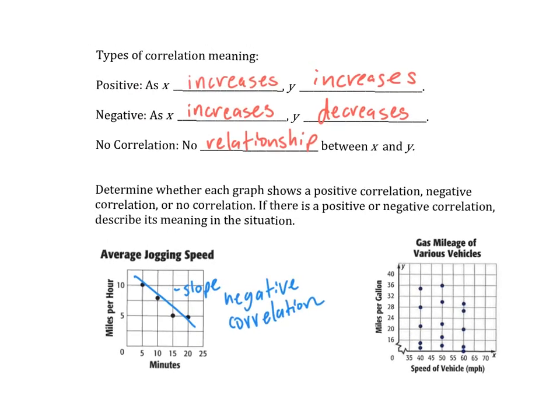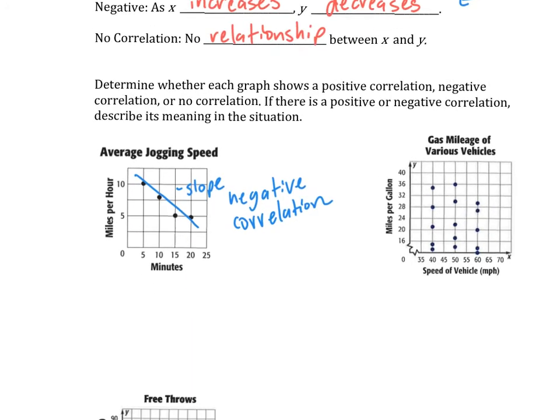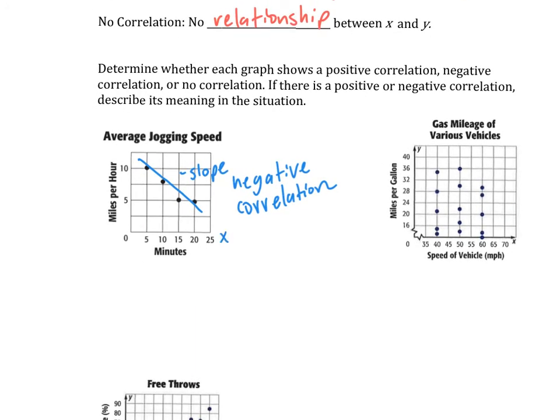So let's use this as an outline. Negative means as x increases, y decreases. Well, this is our x-axis here, and this is our y-axis, and we're talking about jogging speed.